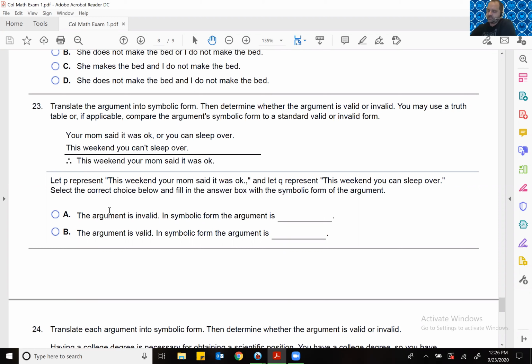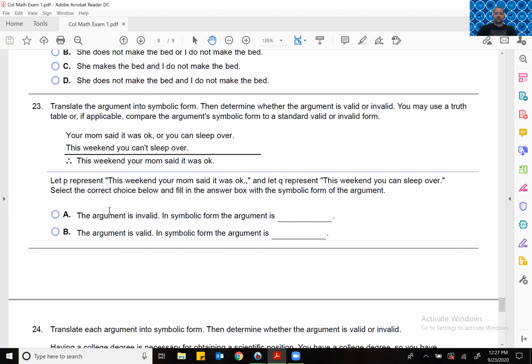Next sentence says, this weekend you can't sleep over. The conclusion, that's what those three dots mean. Therefore, this weekend, your mom said it was okay.